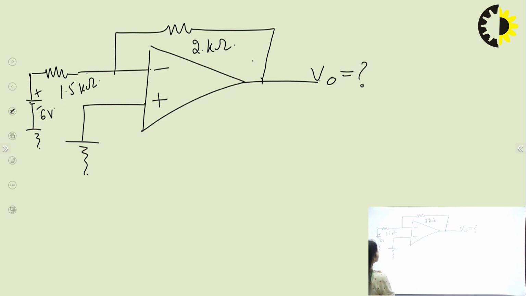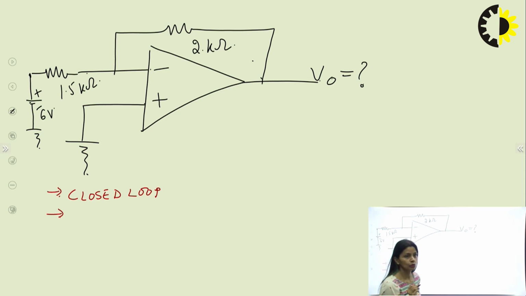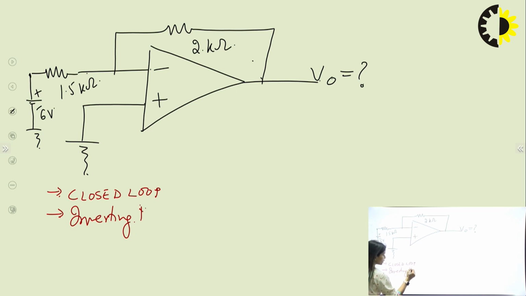This OPAMP is in closed loop. Identify first. This OPAMP is in closed loop. Second, the input has been given at the negative terminal. It is inverting. Just keep it in your mind that the inverting mode is a closed loop configuration, right?